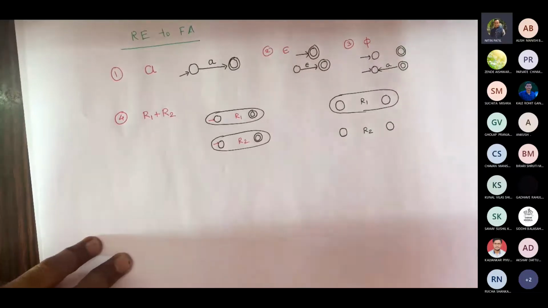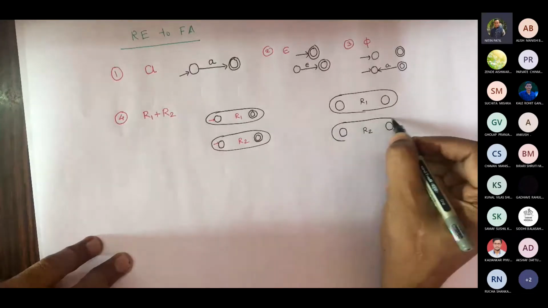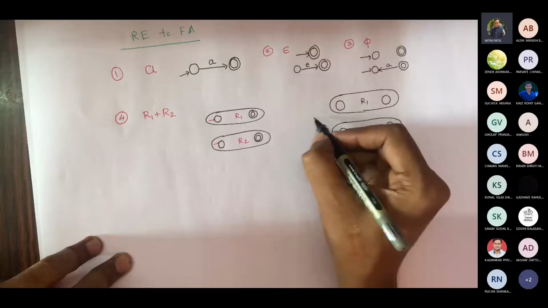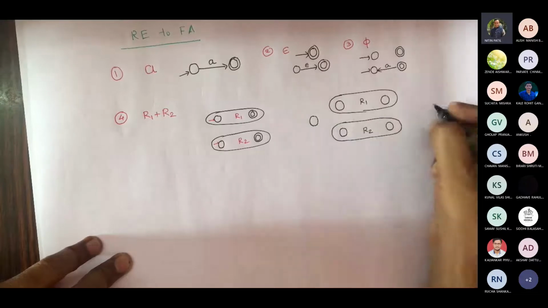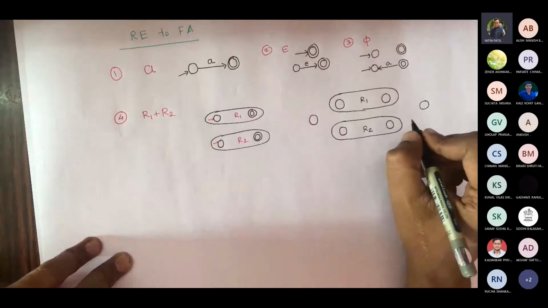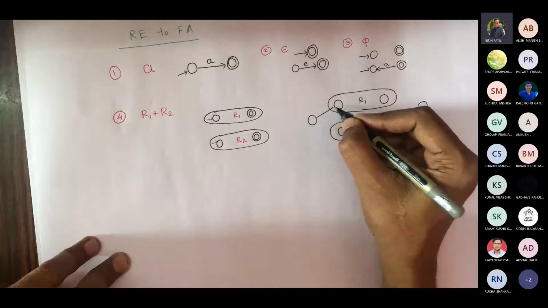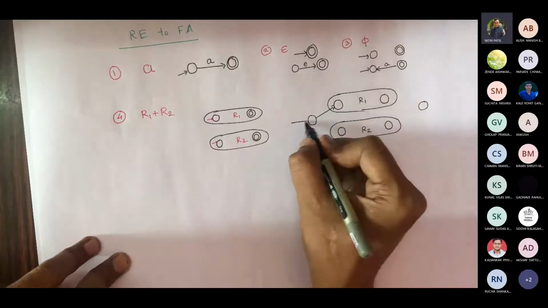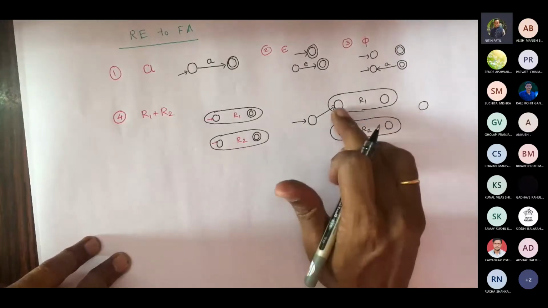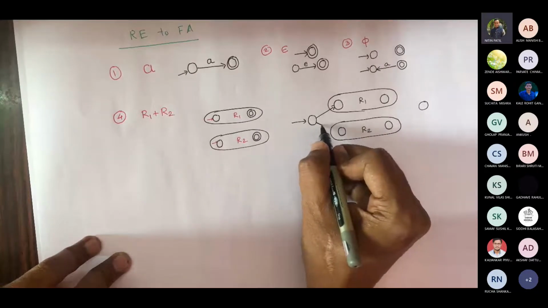So this is R2. Okay, now what you have to do whenever you are talking about union of both, introduce two new states. So this would be 1, this would be 2. Fine. Now you add 4 transitions from new initial. This would be my initial now. From new initial to initial of R1, from new initial to initial of R2.